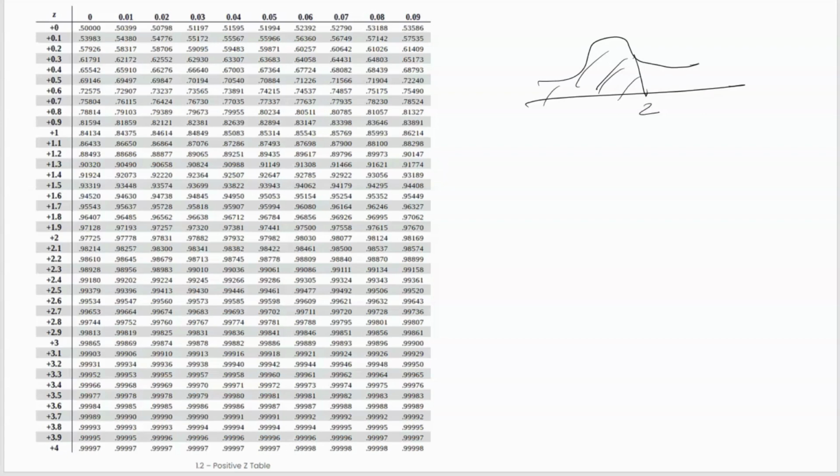Remember, we want to find the Z value for 0.97. We use this table and find the values corresponding to 0.97.